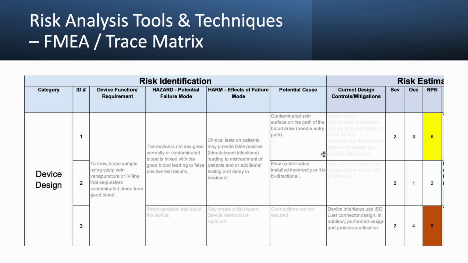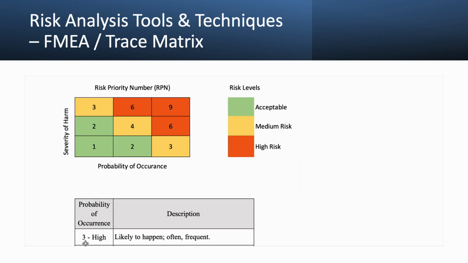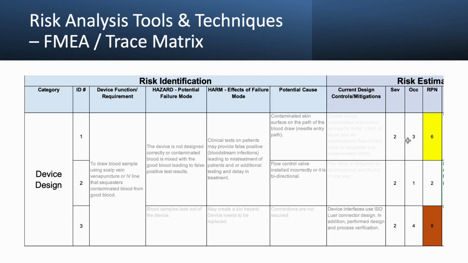Now, where do you get these numbers from? From the risk rating scale that your company uses. It can vary from company to company, okay? So that's the scale that tells you high risk, medium risk, low risk. And that's the combination of severity and occurrence that we talked about earlier, okay?